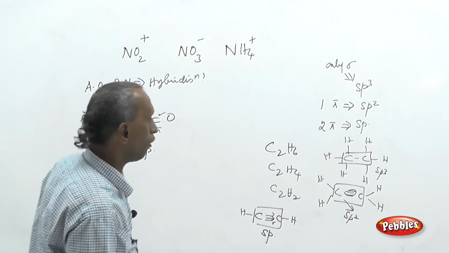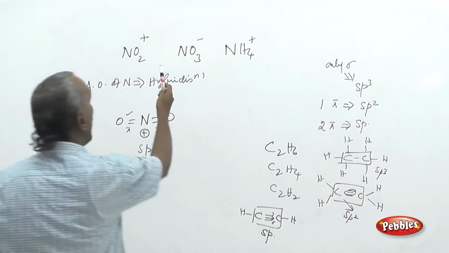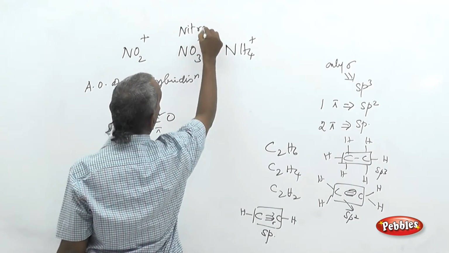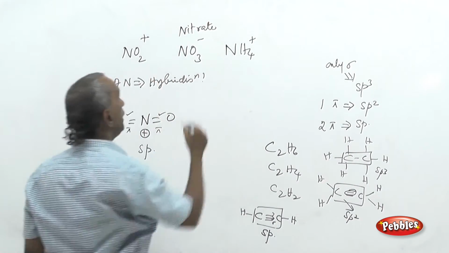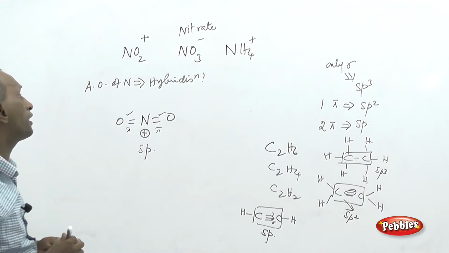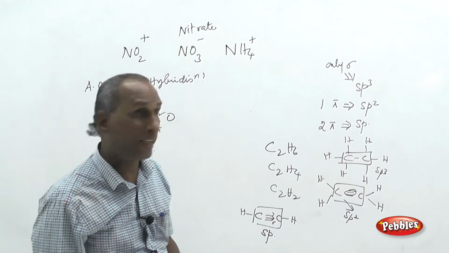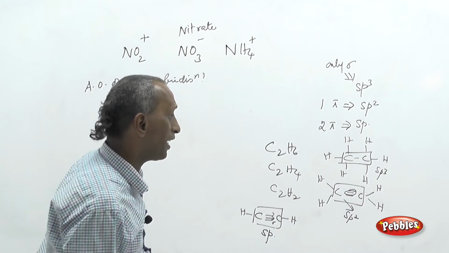Now coming to the structure of the nitrate anion, we have to be careful about the spelling: NITRATE. Nitrate means its formula is NO3 minus. Nitrite means NO2 minus, that is different. Here it is given as nitrate.